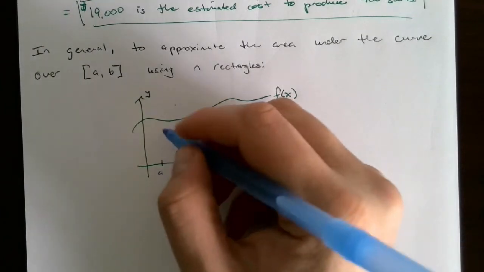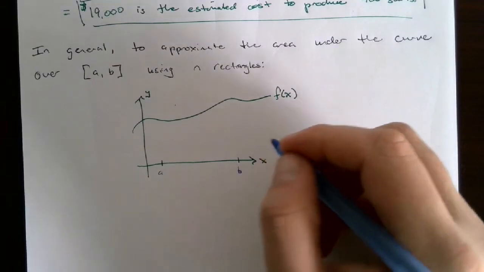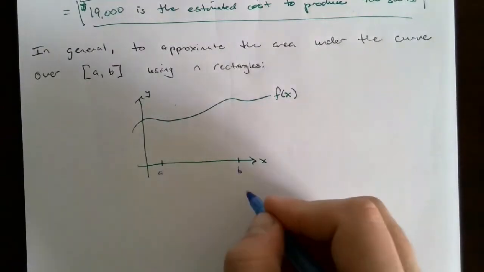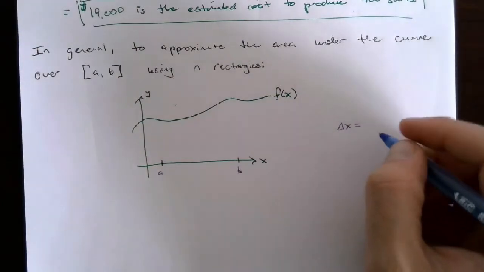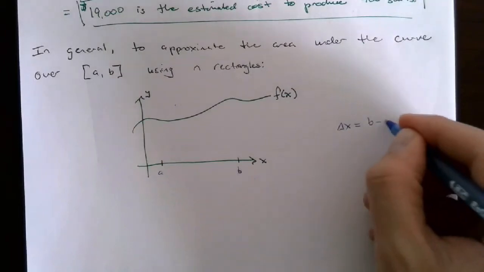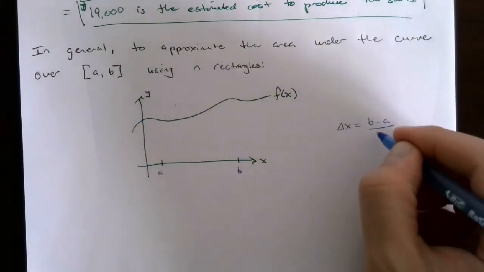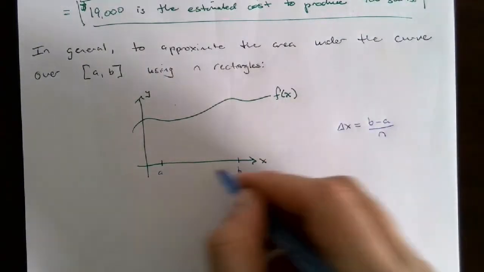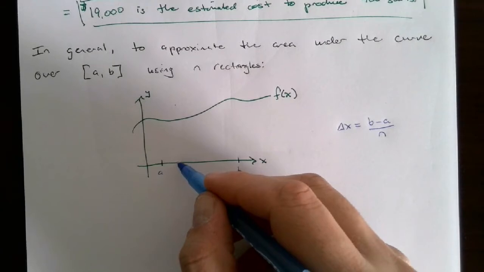That's the interval, and I'm trying to approximate this area under the curve. Well, what we do first is we say, okay, we want delta x to equal, because we're going to try and figure out how we split this up, b minus a divided by n. The number of rectangles tells you how to divide up where these values are going to be for your scale.